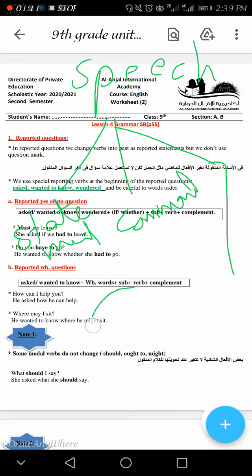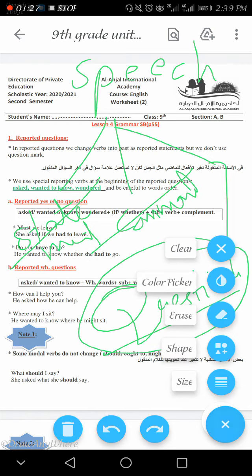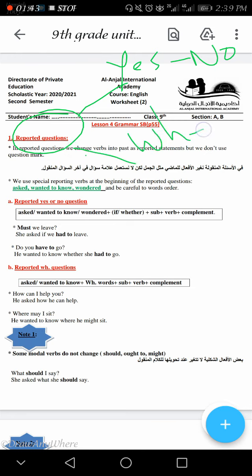Lastly, questions, الأسئلة. We talked about statement and command in 8th grade. Now in ninth grade, we're going to talk about what? Question. And you have to know that a question could be what? Yes, no question, interrogative questions, or short question, and long form question, WH question.